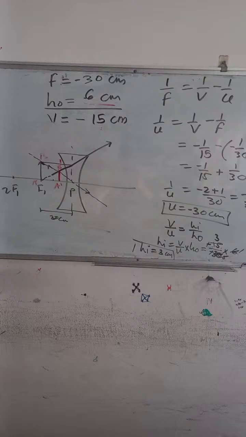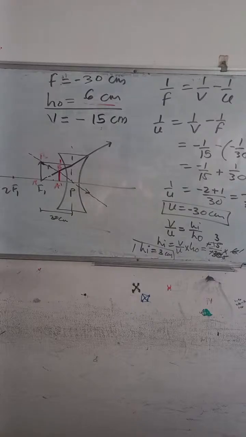Which of the following could be inside the box? Okay, write down the options. First is a rectangular glass slab.